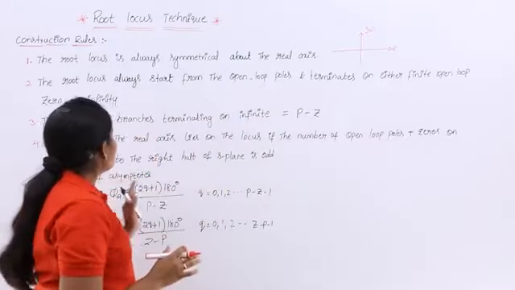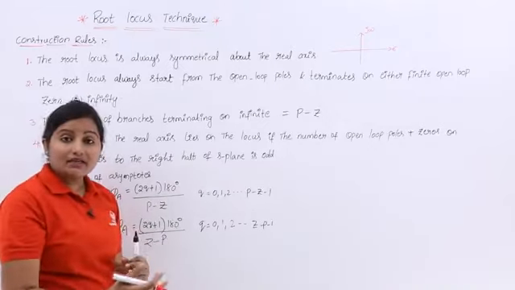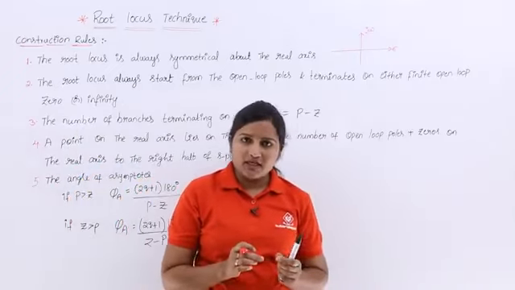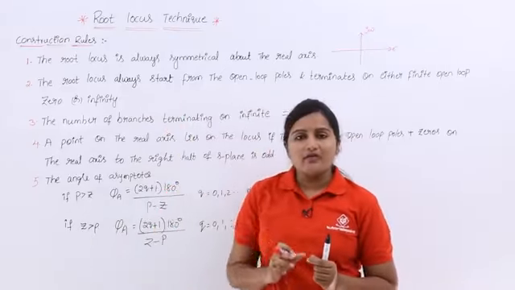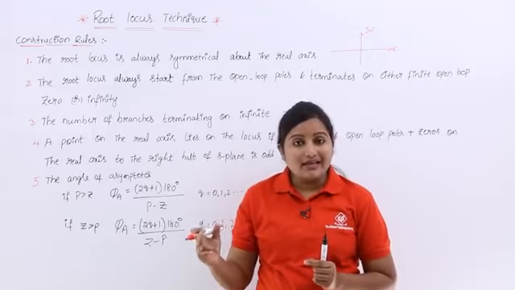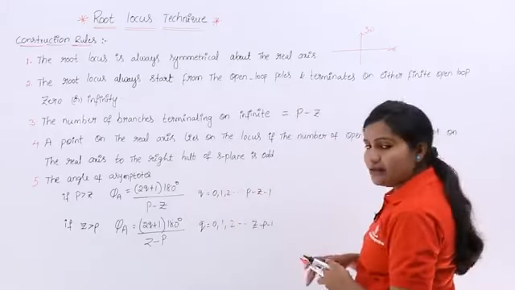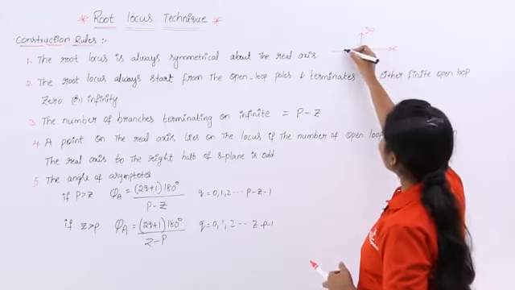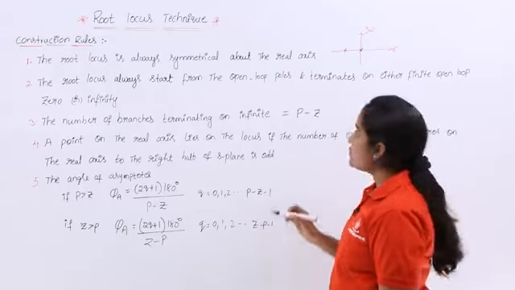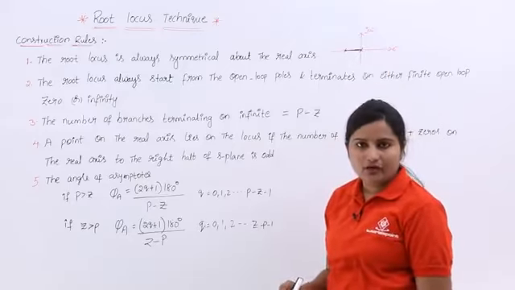Now coming to the second point, the root locus always starts from the open loop pole and terminates at a finite open loop zero or infinity. That means, for example, if you have poles like this, you have a root locus like this, symmetrical about the real axis.